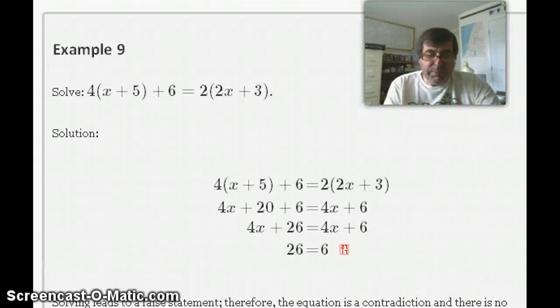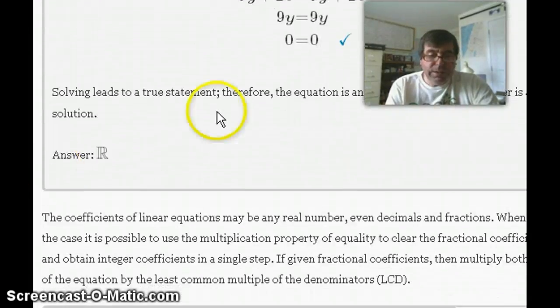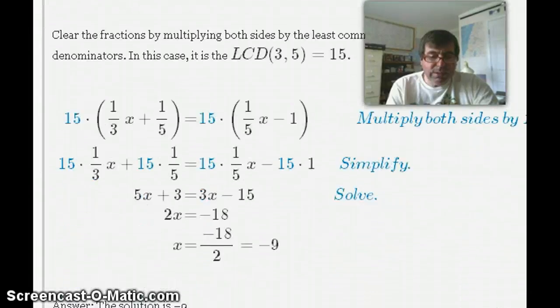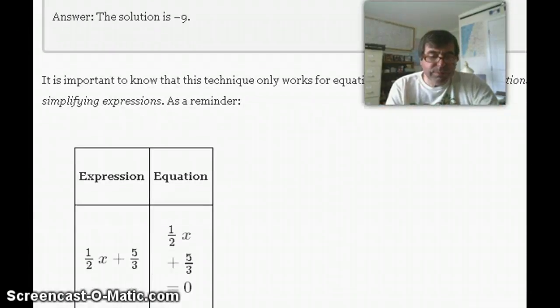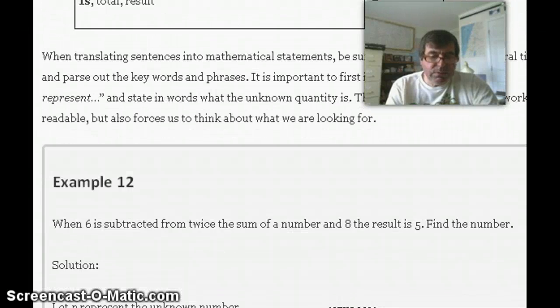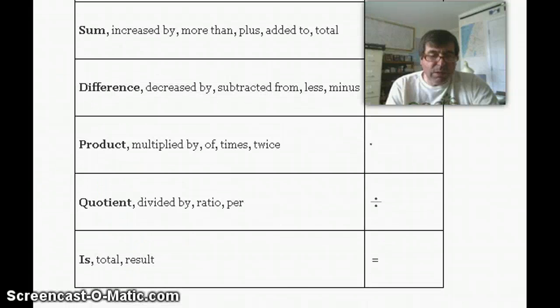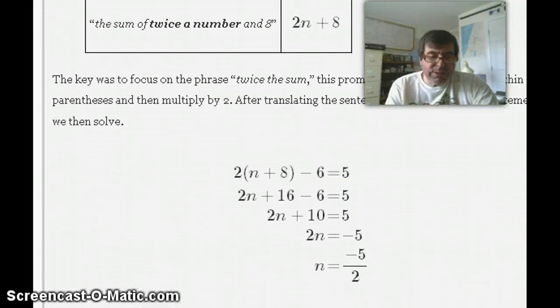An identity is where you have an equation that's true for all of its values. Notice example 9: 26 is equal to 6. That is never true, so that would be no solution. Here's 0 equal to 0. That would be all real answers. There's a -9 answer right there. I'm just scrolling down. A little bit about looking at words in a word problem and knowing what they mean as far as mathematical operators.